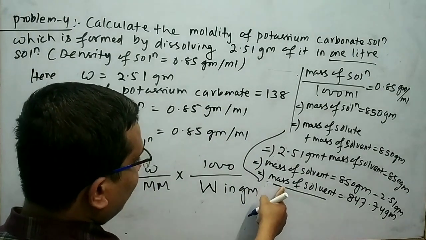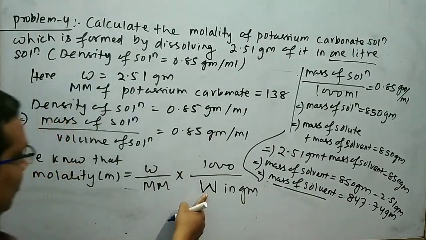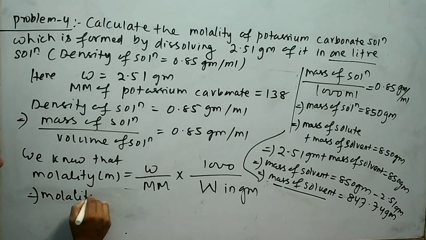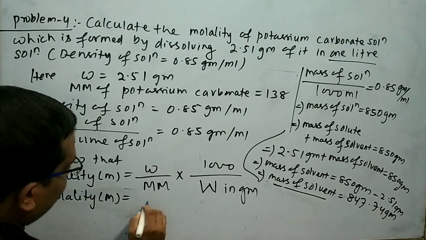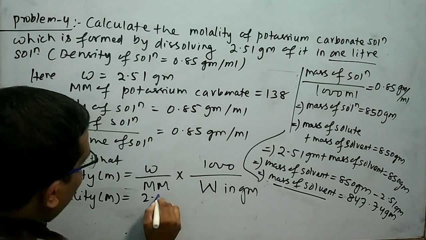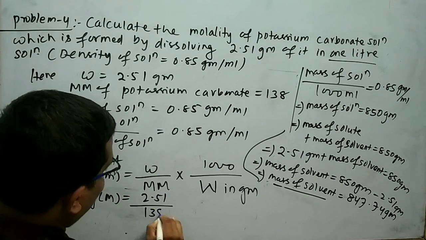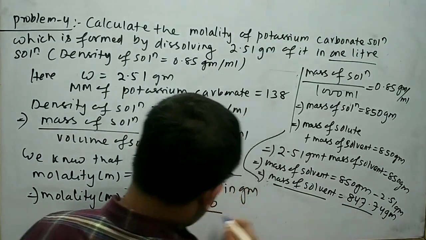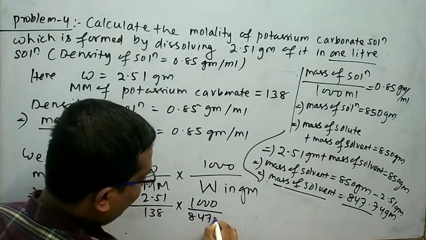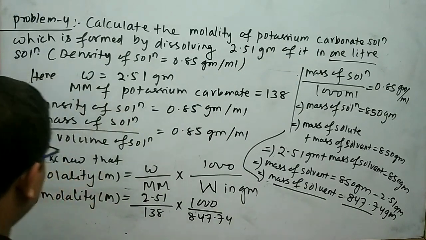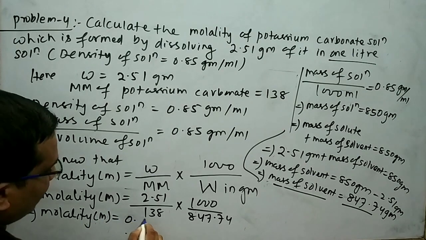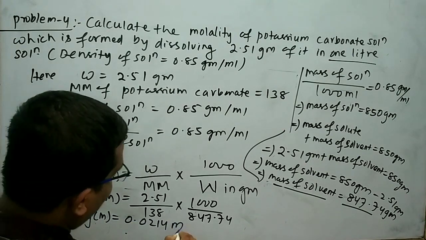Now put the value of capital W here. So I can write molality m equals 2.51 divided by 138 into 1000 divided by 847.74. After solving, I can write molality m equals 0.0214 m.